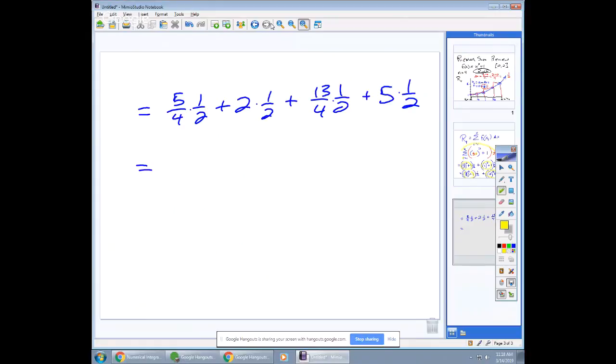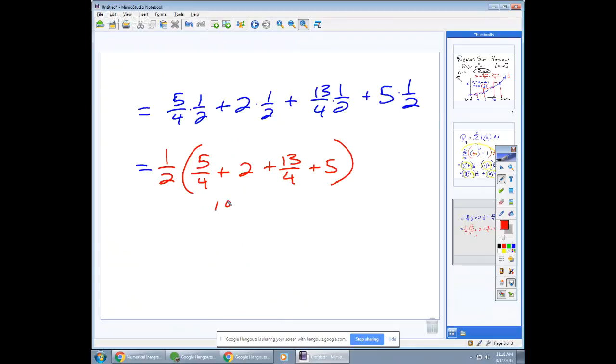So let's see, what do we have here? I can pull out the whole 1/2 all over the place. And then I just have to add up these other things. 5/4 and 2 and 13/4 and 5. Let's see, 13 plus 5 is what? 18.